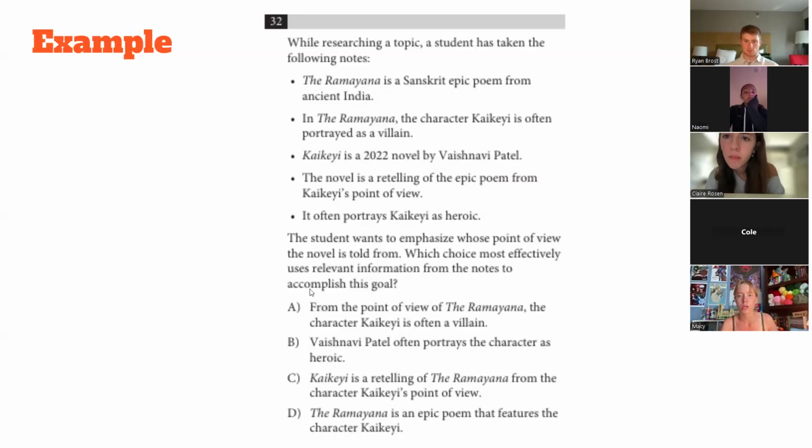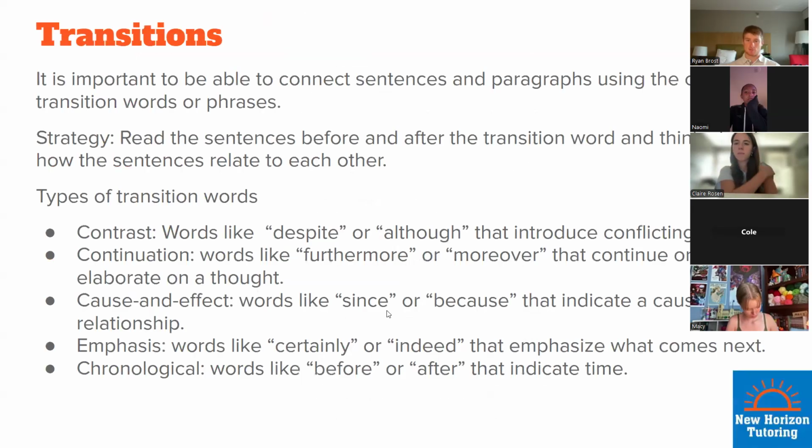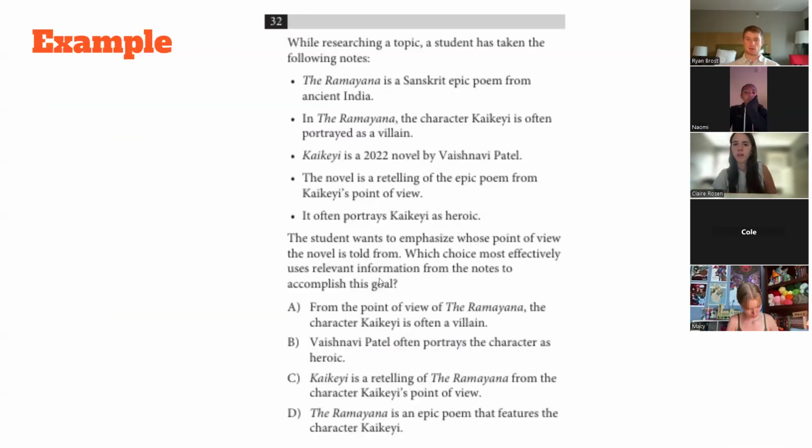So we want to use the relevant information from the notes to accomplish this goal. We're just trying to summarize one key point to show who the novel is told from, and it's obviously her. Yeah, Kaikeyi is a retelling of the Ramayana from the character Kaikeyi's point of view.